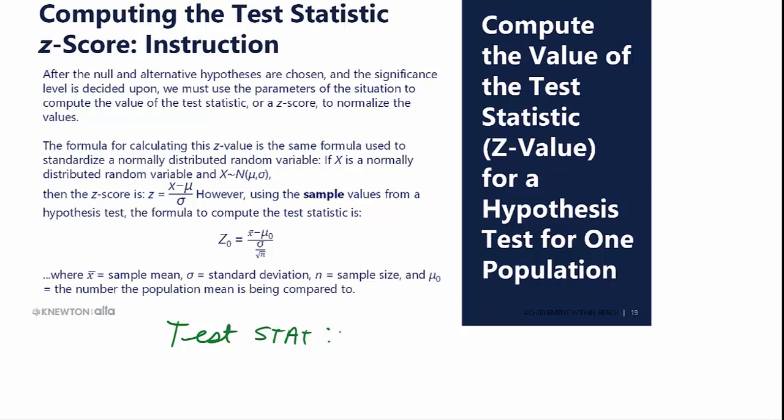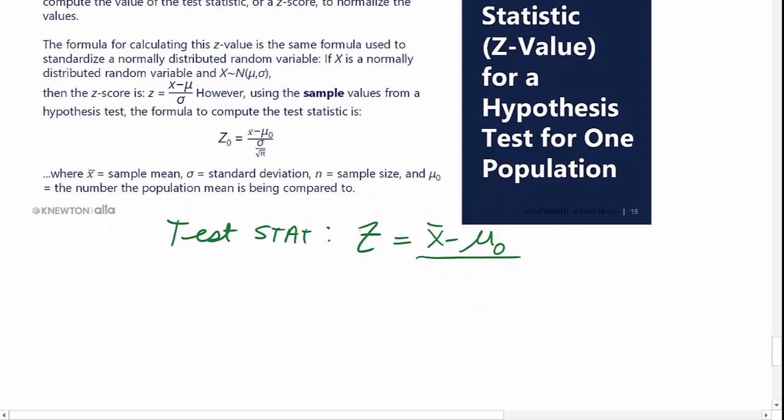If you do not know the population standard deviation, it's a t distribution. But here let's assume that we know the population standard deviation. Then your test stat will be a z-score, which will be your x bar minus mu naught, or mu null if you want to call it, over the standard deviation divided by the square root of n.